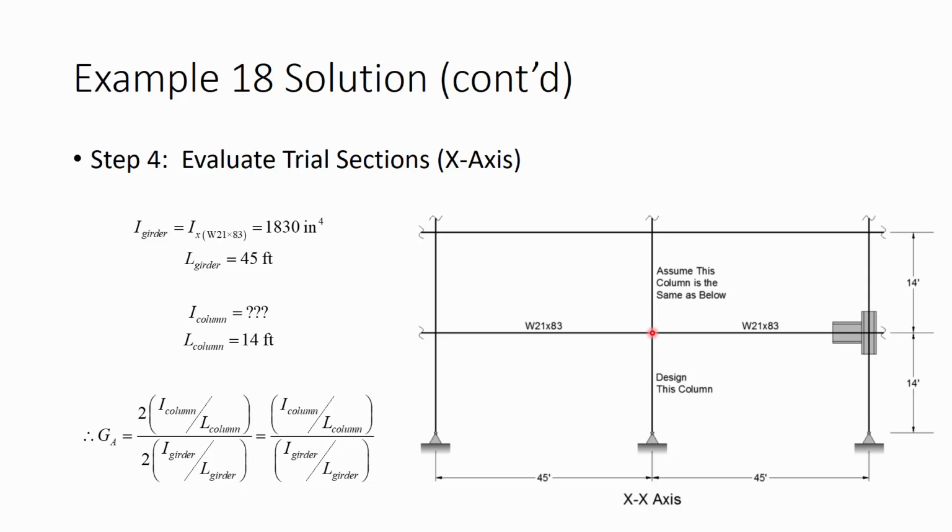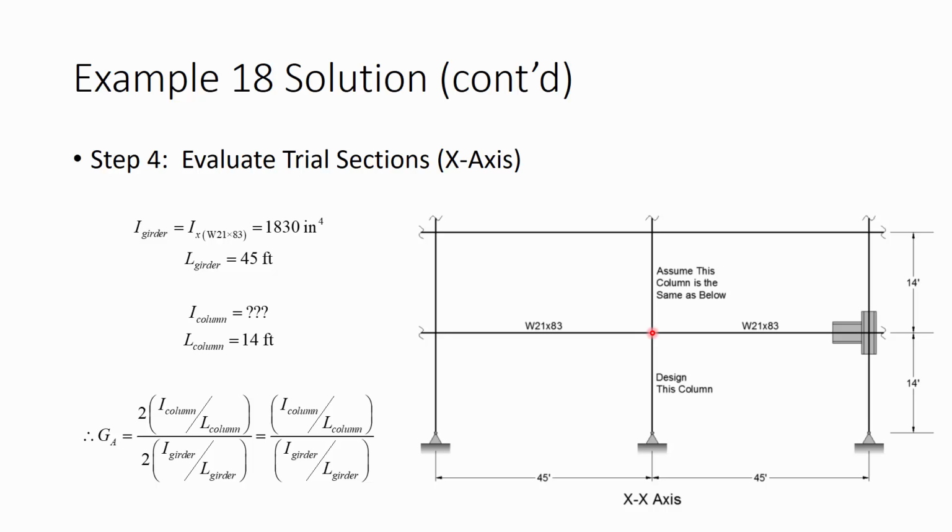If you look at the girders, they're the same. They're both 21 by 83s, and they're both 45 feet long. The same thing is true of the columns. We don't know what column we're looking at right now because we're not actually evaluating the sections, but the note says assume this column is the same as the one below, and they're both 14 feet long. Essentially we're going to have 2 I over L's for the girders and 2 I over L's for the columns, and they're the same.